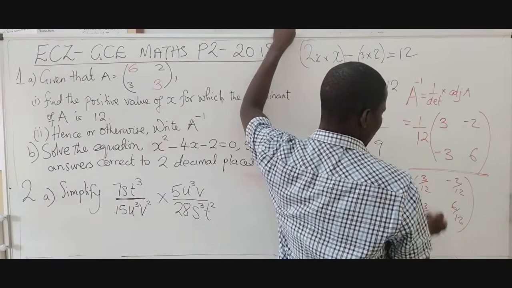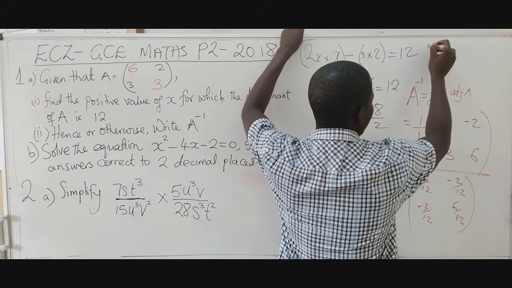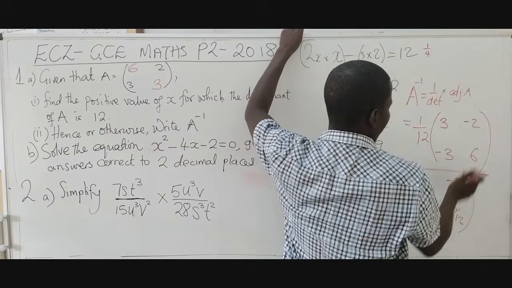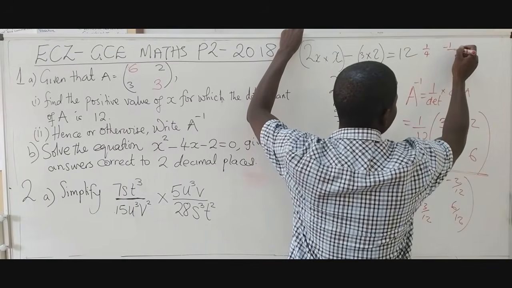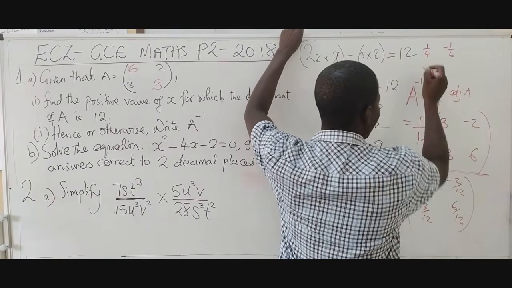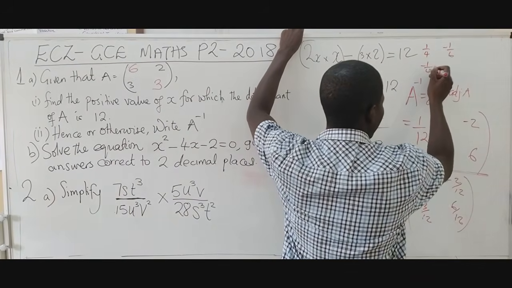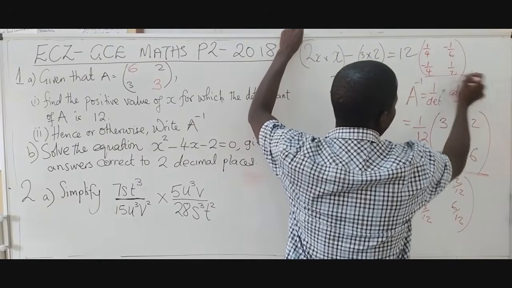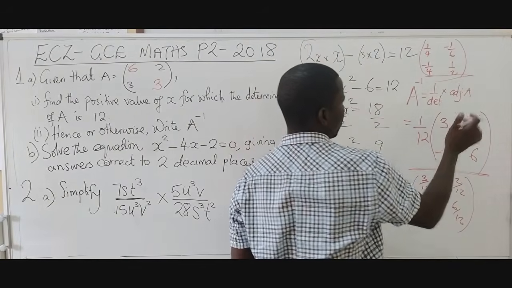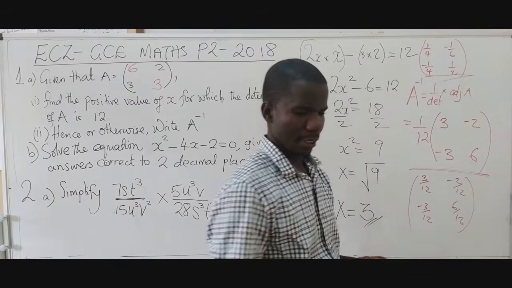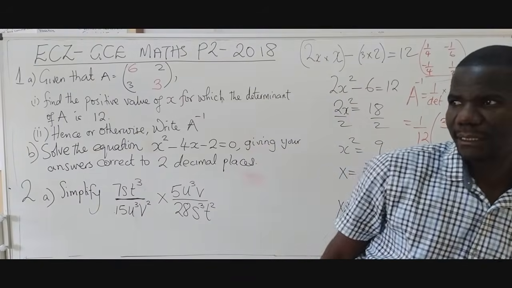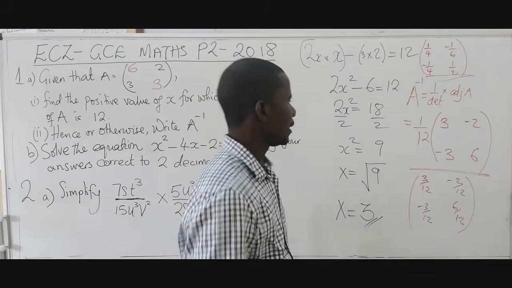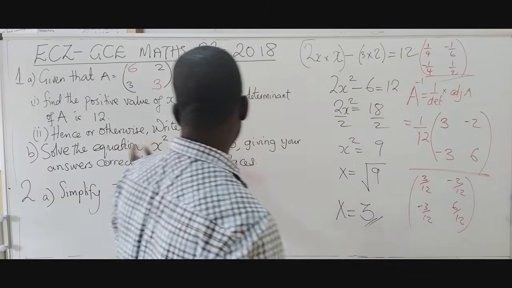When you simplify this, the first one gives you 1 over 4, this one gives you negative 1 over 6, this one gives you negative 1 over 4, and this one gives you 1 over 2. But even if you left it at this point, you won't be penalized. Basically this is what we are supposed to get for the first question.